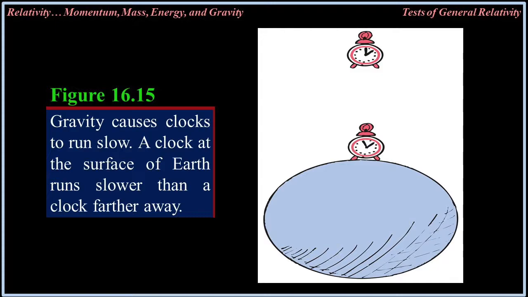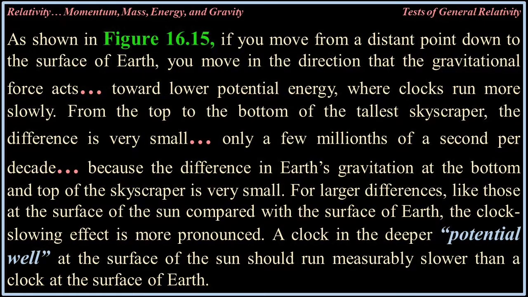As shown in figure 16.15, if you move from a distant point down to the surface of Earth, you move in the direction that the gravitational force acts, toward lower potential energy, where clocks run more slowly. From the top to the bottom of the tallest skyscraper, the difference is very small, only a few millionths of a second per decade, because the difference in Earth's gravitation at the bottom and top of the skyscraper is very small.